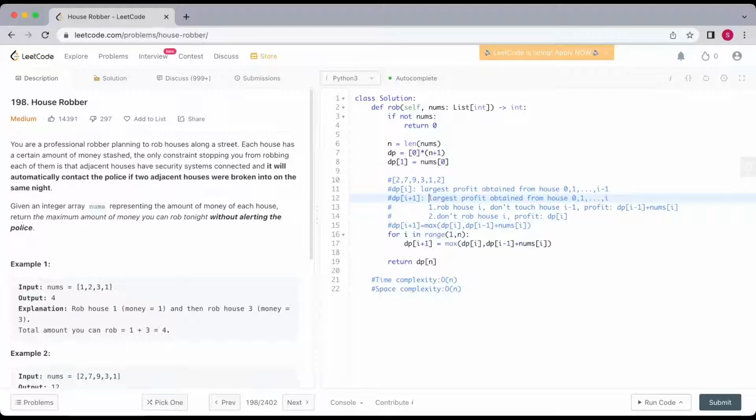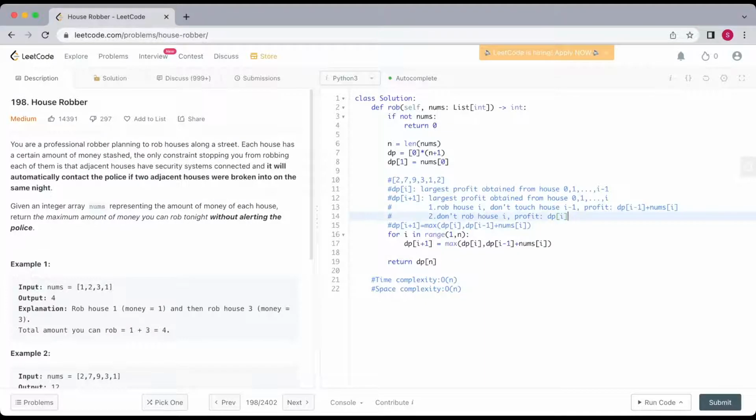Then our profit will be the money we obtain from the current house i, nums[i], plus the money we can rob from house 0 to house i minus 2. So the best solution to rob from house 0 to house i minus 2 will be dp[i-1].